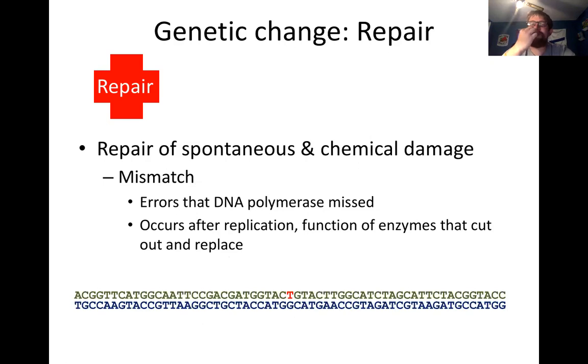Perfect, right? That's what we're going to go with. So I show you that, and you can look at that right now, and you can say, Professor Daft, G does not go with T, right? Just like Amanda said. But if I didn't have that T highlighted red, right? I'm telling you that's a mistake, but if I didn't have it highlighted red, how would you know, right? Nucleotides that are bound incorrectly are not highlighted red inside your cell.